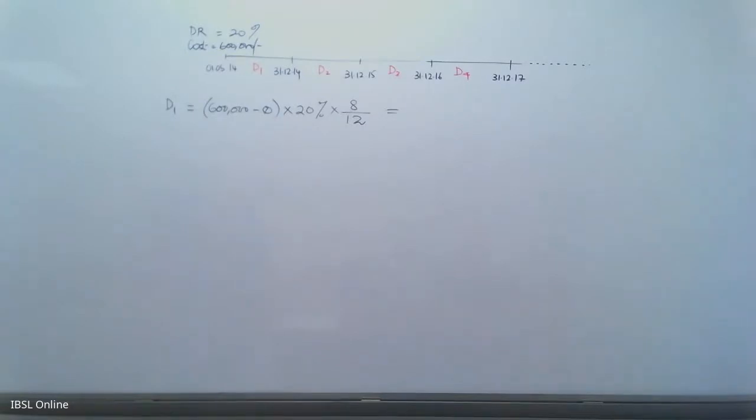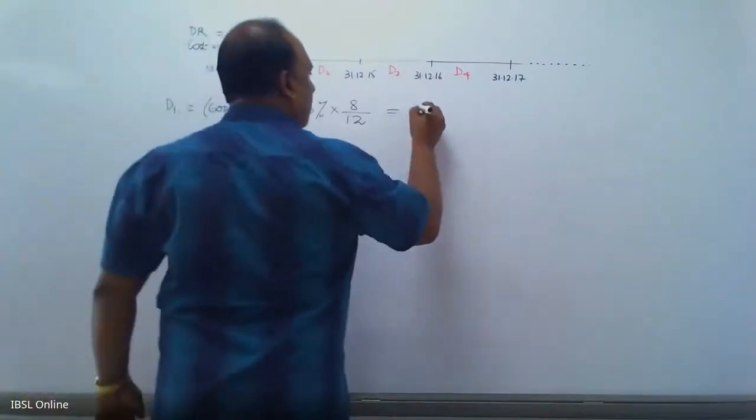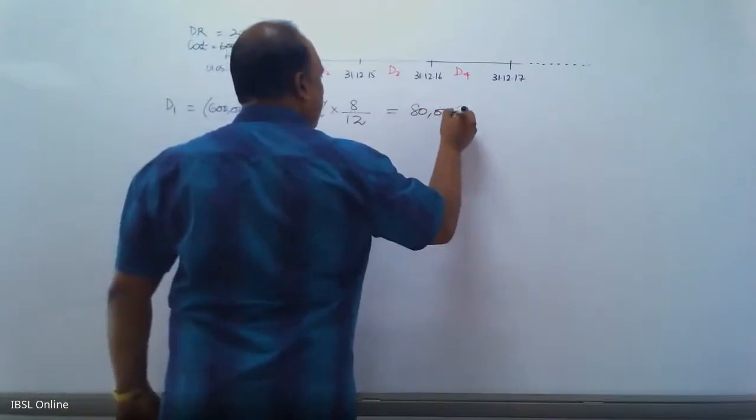What is the answer? So I think it's 80,000. Correct?